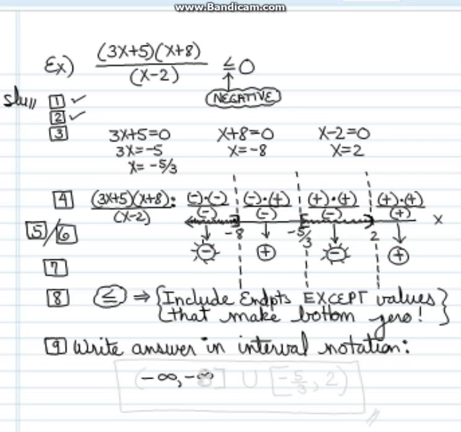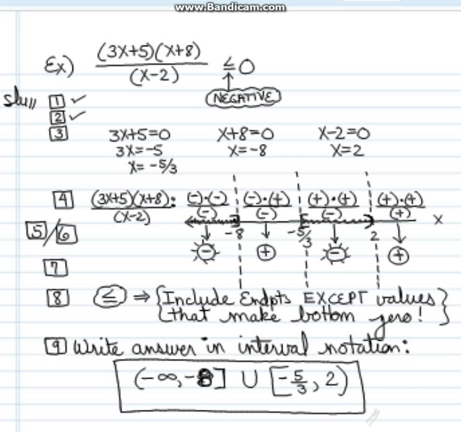Oops, it's supposed to be a round bracket on negative infinity and a boxy bracket at negative 8. Union that interval together with everything from negative 5/3 with a boxy bracket up to 2 with a round bracket. And that is our final answer. Those are the values of x that make the inequality true.